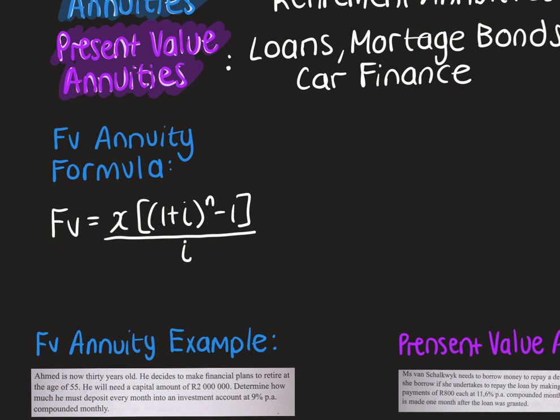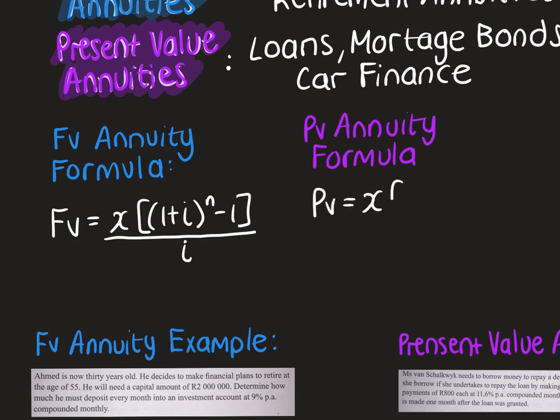And then our present value annuity formula is very similar, just with a difference of shifting certain things: present value equals x, open bracket, 1 minus 1 plus i to the minus n, all over i.